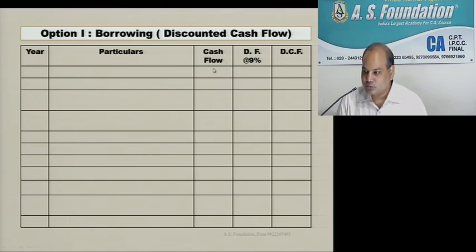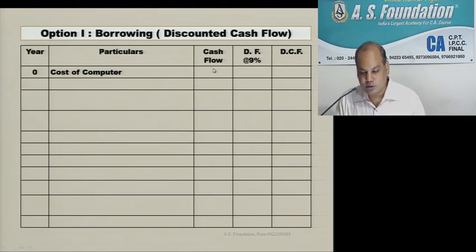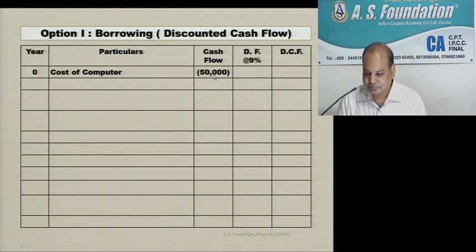So first you write whatever is given to you. Year 0, cost of the computer 50,000. Year 0 borrowing also 50,000. These are the two cash flows in year 0.